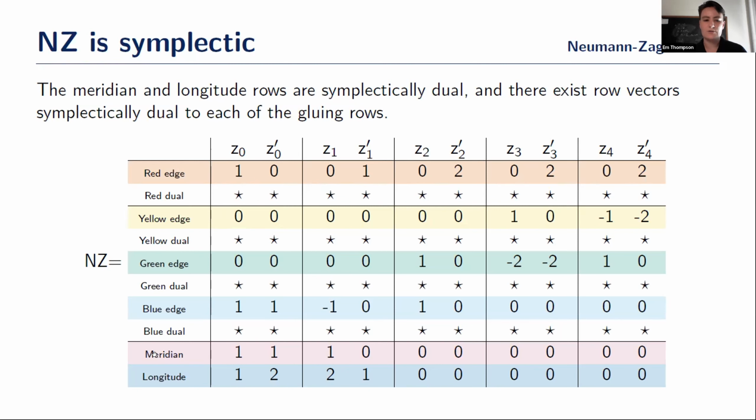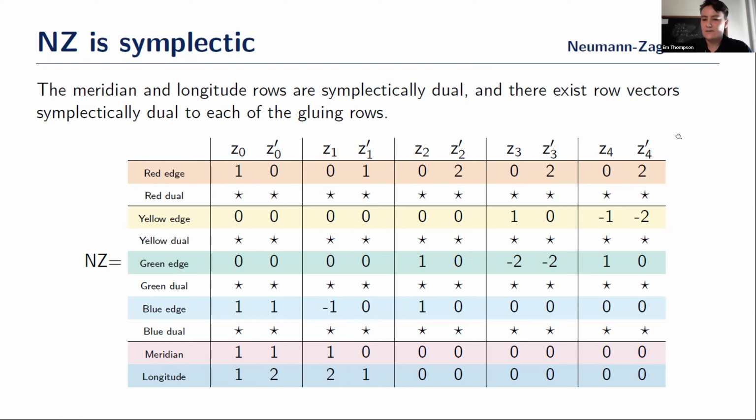The meridian and longitude, it turns out, are always dual to each other. For the edge gluing equations, you need to introduce a new row into your matrix. And this is perfectly doable using some symplectic linear algebra. I've left them as stars here because I didn't go through the details.